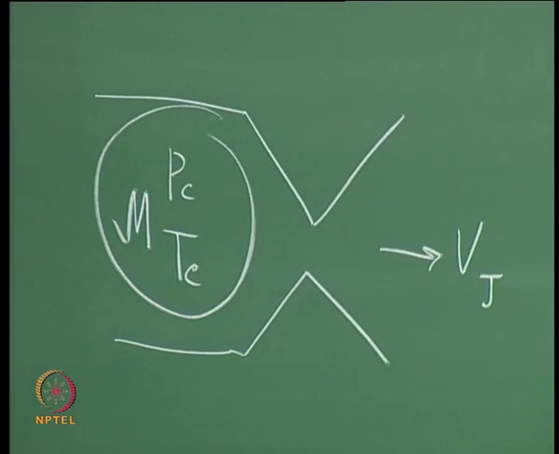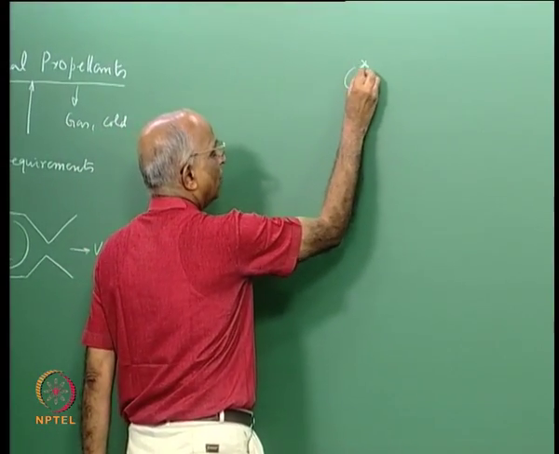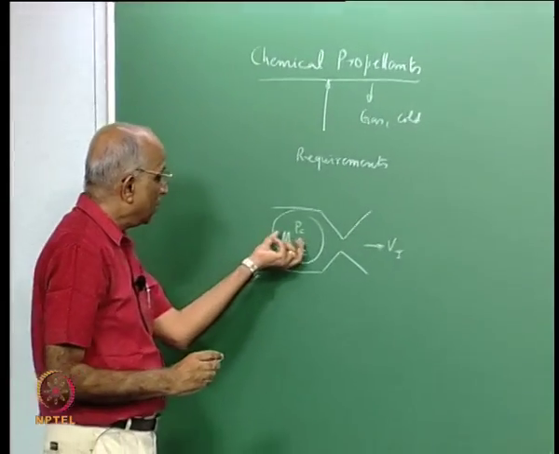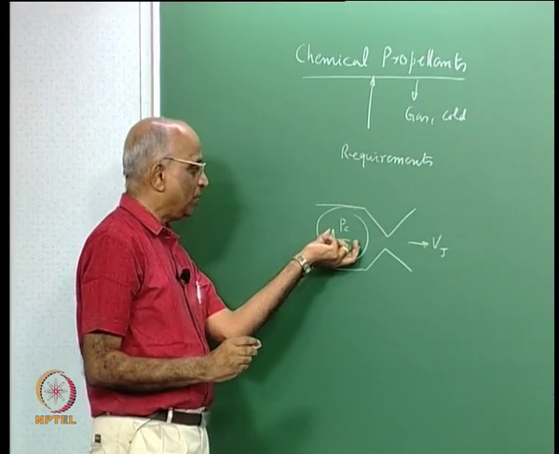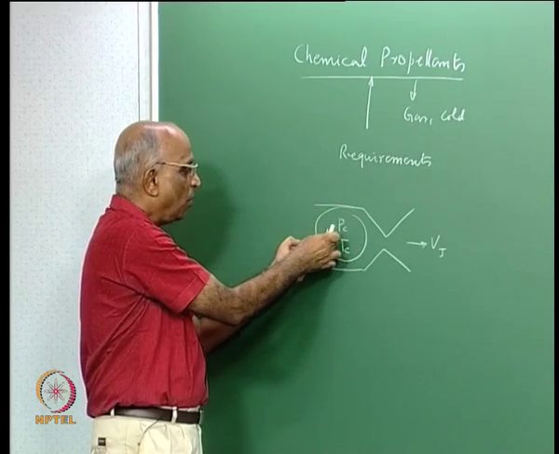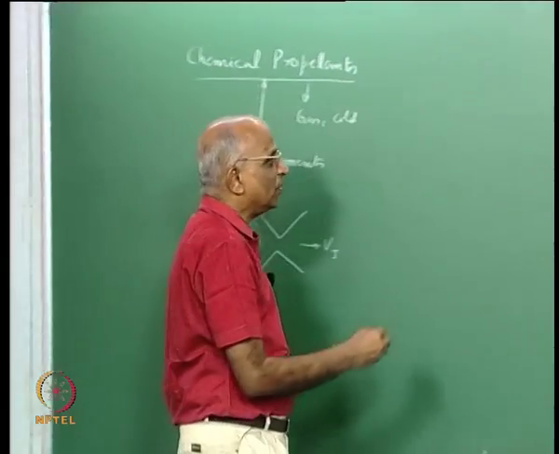And what was the term we used to determine all this? We used the term C star, which is a transfer function between what is sent into the combustion chamber and the high pressure, high temperature, low molecular mass combustion gases which are generated. And what was the expression for C star?